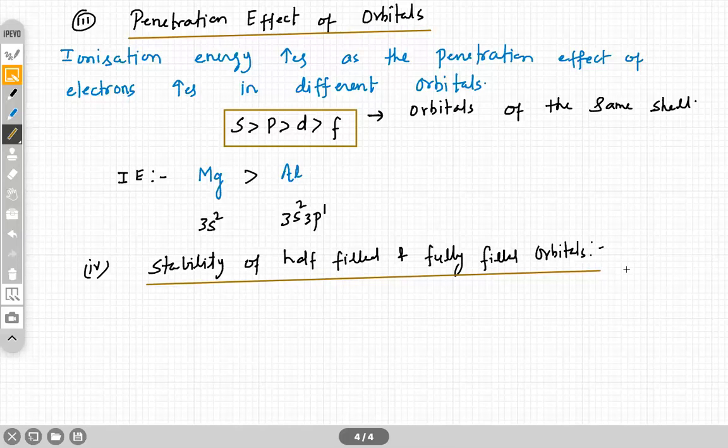Write down: the atom which has a half-filled or fully filled configuration is more stable, and it's difficult to remove an electron from these configurations. These configurations mean half-filled or fully filled configurations.